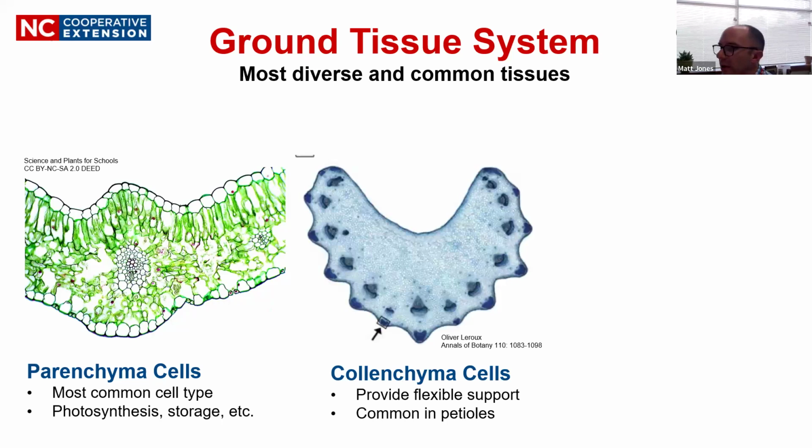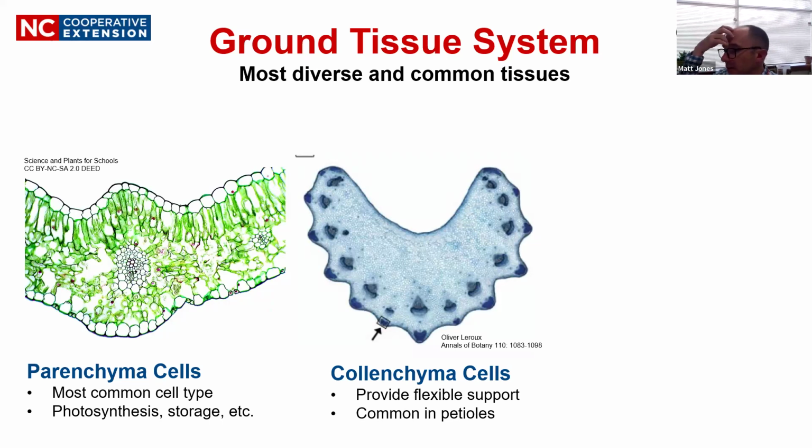And then collenchyma cells are a cell type that provides extra strength and flexibility for plant parts, and they're especially common in the petioles of leaves. So those stem-like structures that attach the leaf blade to the rest of the plant and provide the ability of the leaf to stay rigid.